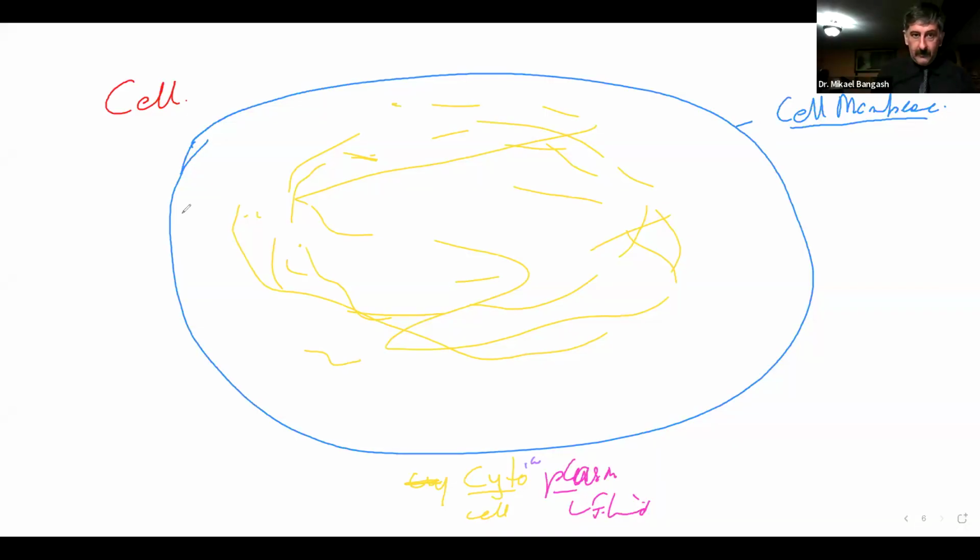So besides your cell membrane, which was the bowl, which is just the outline of your cell, and the fluid of your cell, which is what you call the cytoplasm, because it literally just means fluid of the cell, what we're going to have distributed in our cell are other organelles.